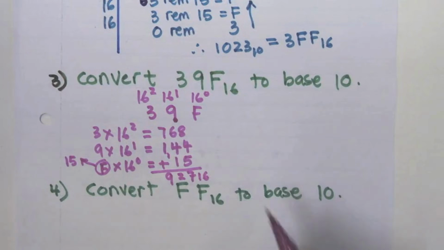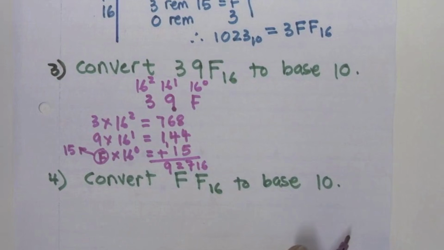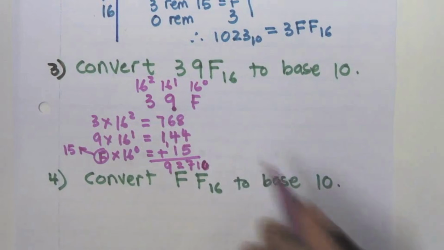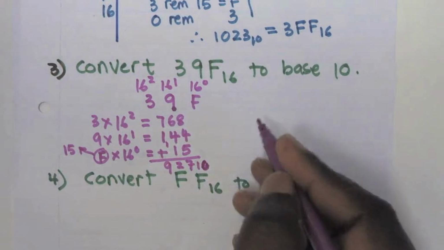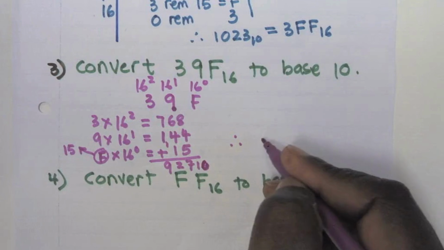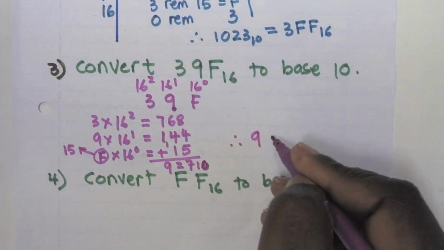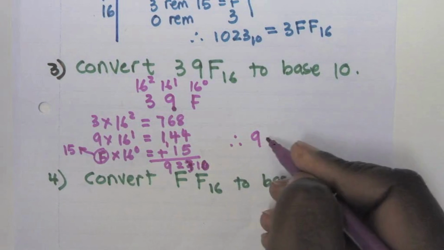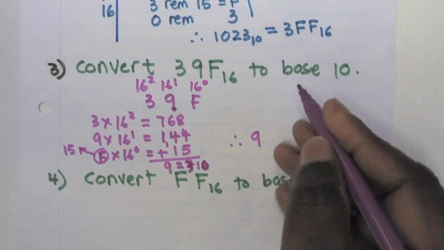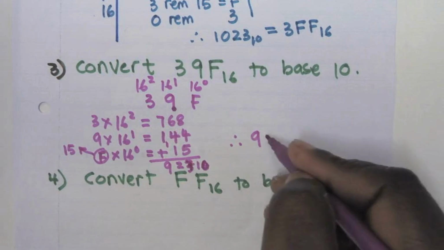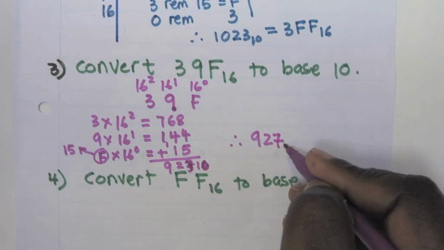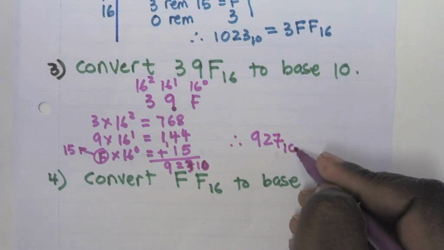And this answer is in base 10. Because remember, we are converting to base 10. I can write my answer clearly here as 927 in base 10.